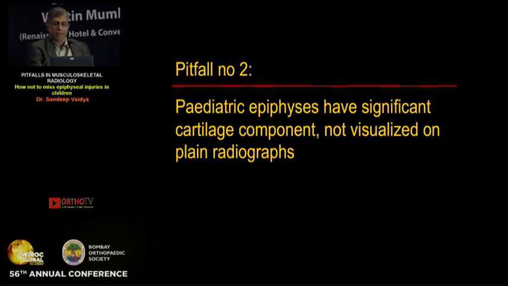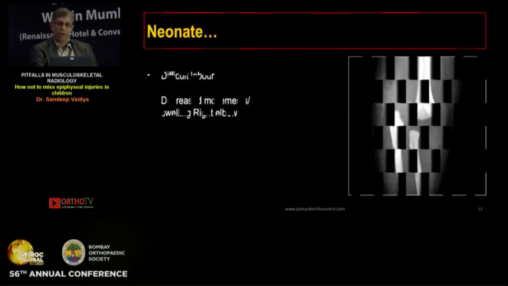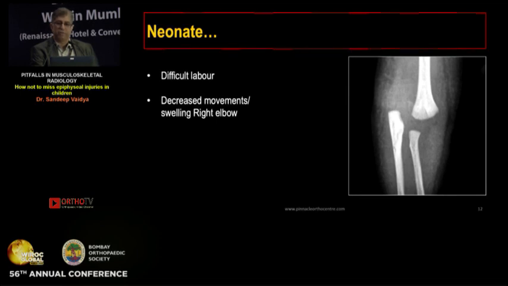Coming to the second pitfall which leads to misinterpretation is that pediatric epiphyses have a significant cartilaginous component, and many times the fracture line passes through the cartilage. So consider this example, a neonate born after a difficult labor with elbow swelling and decreased movements of the elbow, and the obvious diagnosis over here is a dislocation of the elbow.